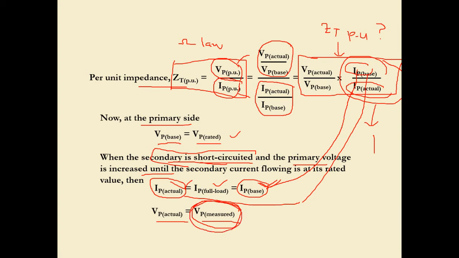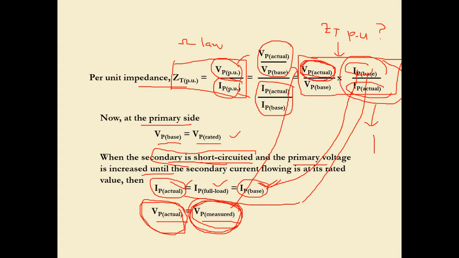By that time, we know that the one we measure is actually the actual voltage. And then this VP actual equals VP base. So we just substitute into this. This means this VP actual is, in this particular situation, equal to VP measured.